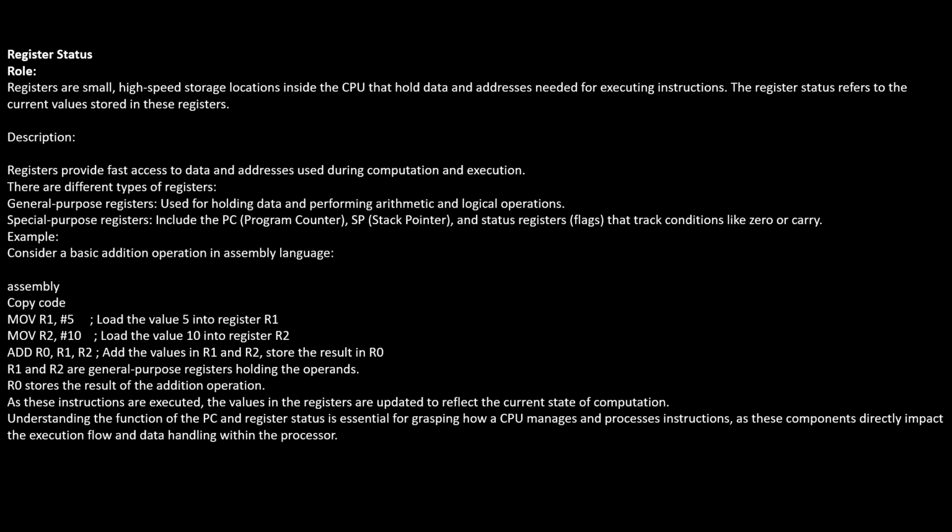Understanding the functions of the PC and register status is essential for grasping how a CPU manages and processes instructions, as these components directly impact the execution flow and data handling within the processor.